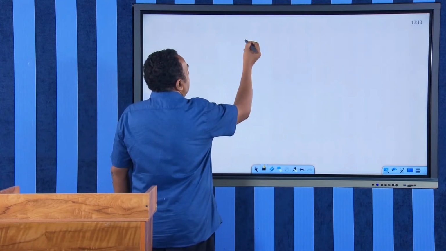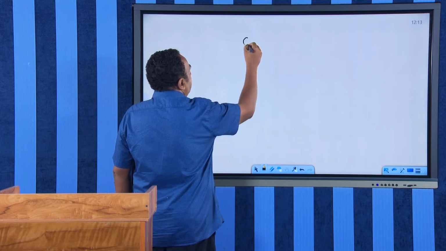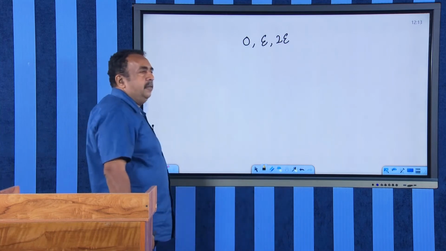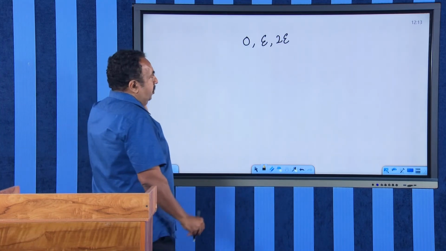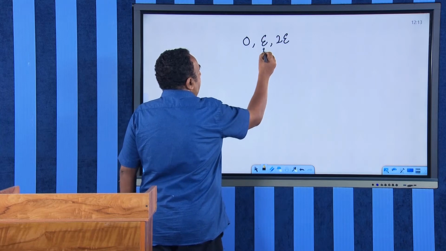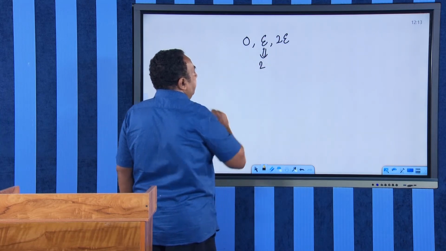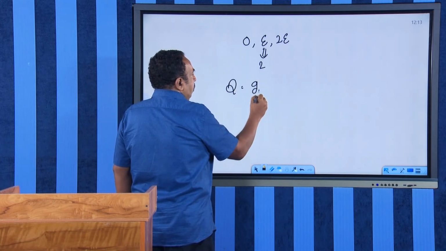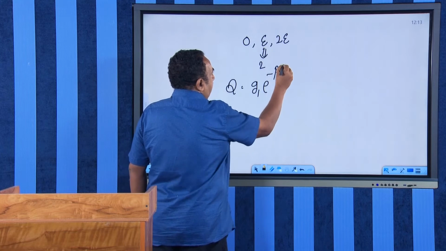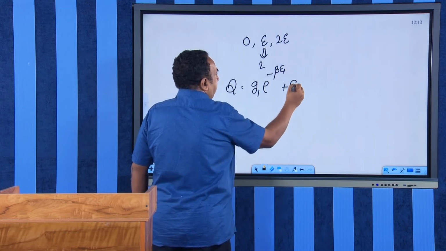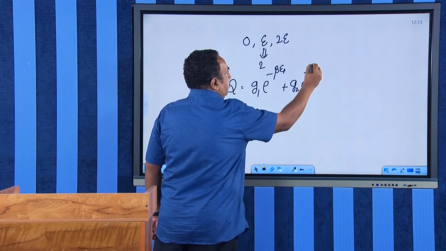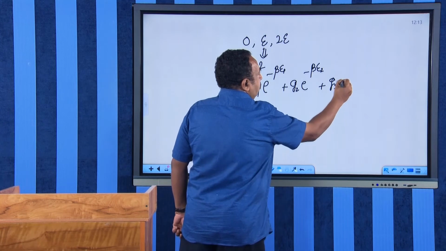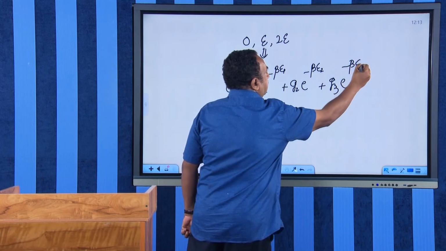The energies are given as 0, epsilon and 2 epsilon, but the energy level epsilon is twofold degenerate. Therefore, the partition function is given by g1 e raised to minus beta E1, since three states are there, plus g2 e raised to minus beta E2 plus g3 e raised to minus beta E3.